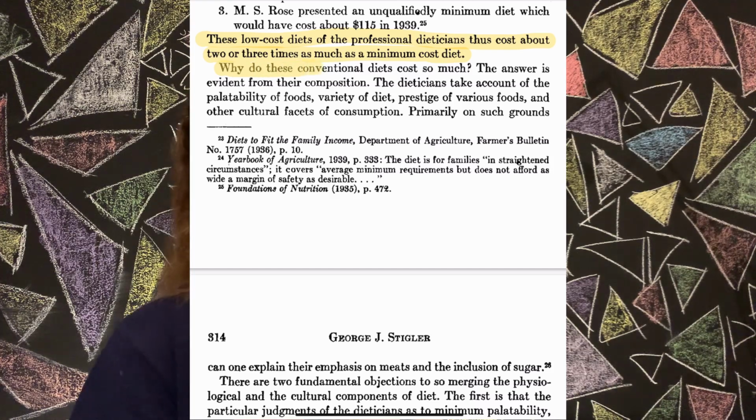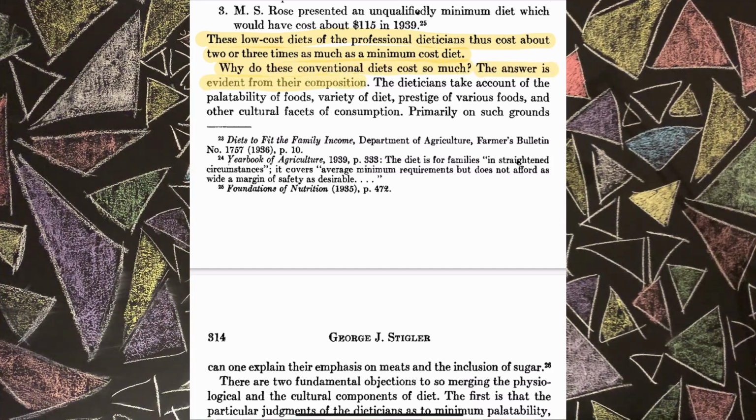"Why do these conventional diets cost so much? The answer is evident from their composition. The dietitians take account of the palatability of food, variety of diet, prestige of various foods, and other cultural facets of consumption. Primarily on such grounds can one explain their emphasis on meats and the inclusion of sugar."